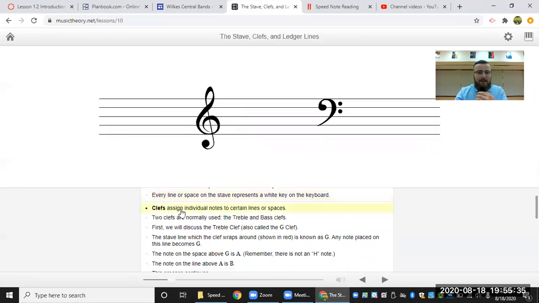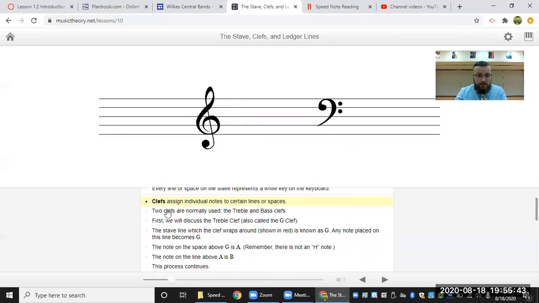These are called clefs, and you see there are 2 of them. The two clefs normally used are called the treble clef and the bass clef. It's kind of tricky to draw, but to draw a treble clef, watch my mouse up here.